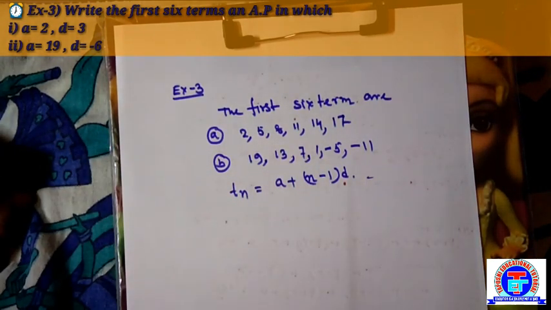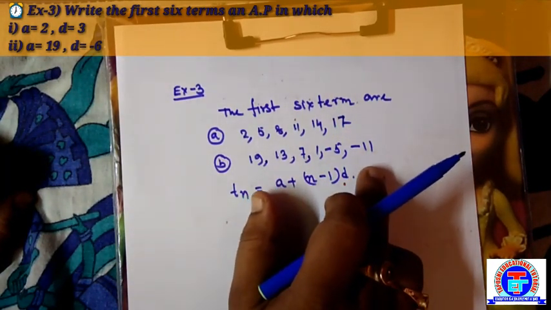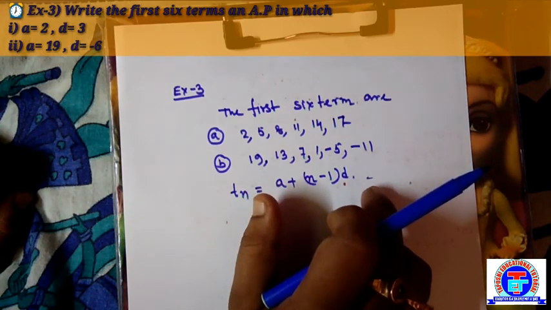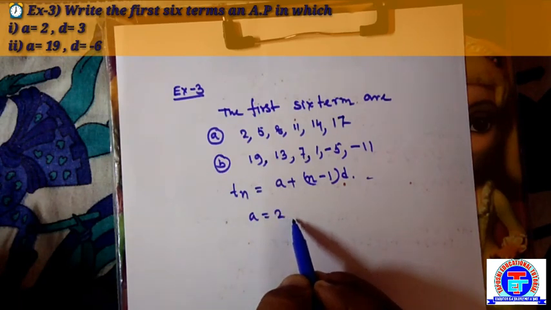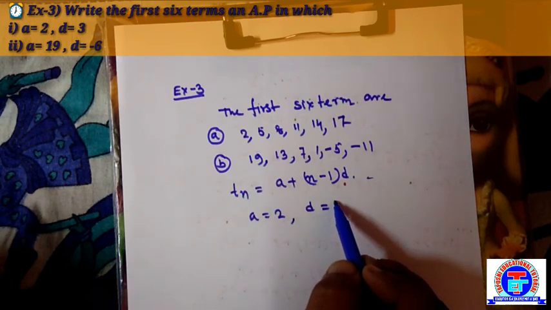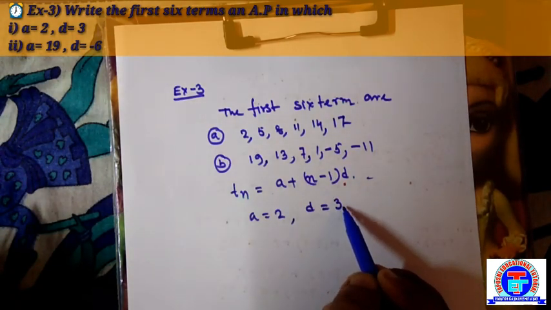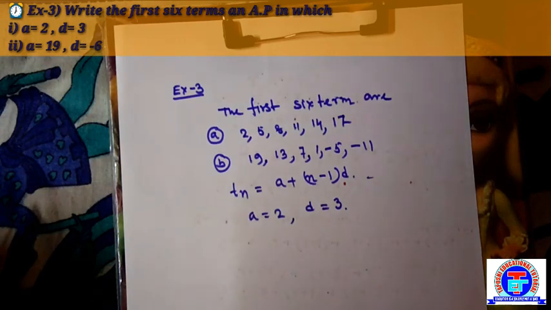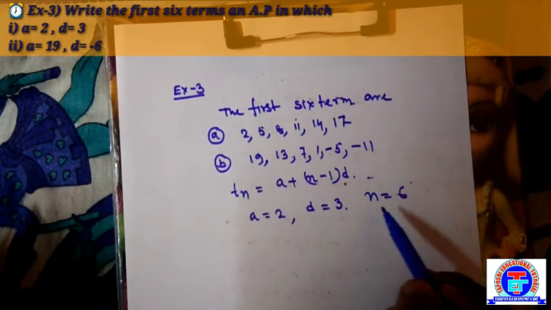In this formula, we have to find the first 6 terms of an AP in which here a is equal to 2 and d is equal to 3, given, right. So for the first 6 terms, that means n is equal to 6 here.